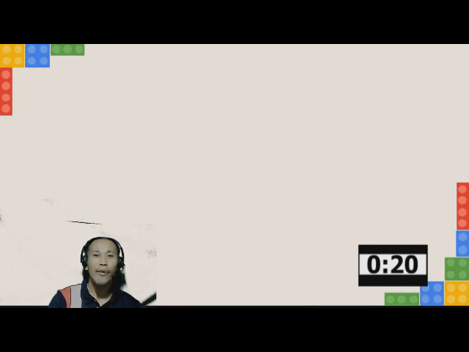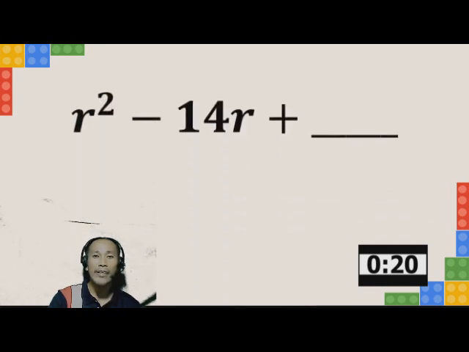Let's proceed now to another one, but this time we have a timer. Try to answer this on your own and then try to beat the time. Applying the lesson or the review earlier on finding the third term, here we are going to make a trinomial or PST again.